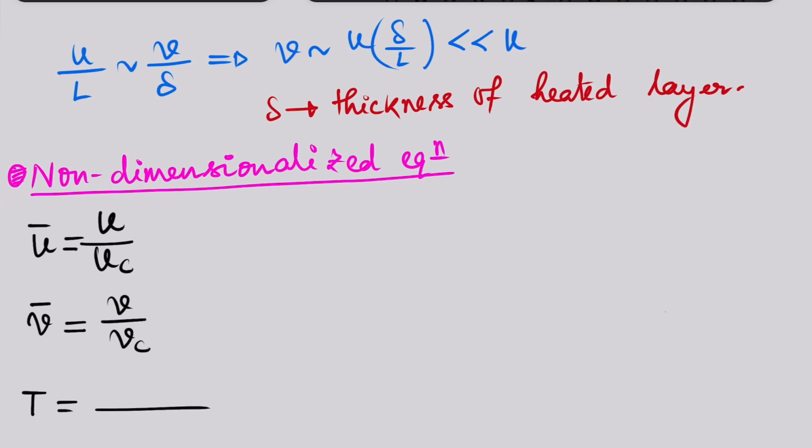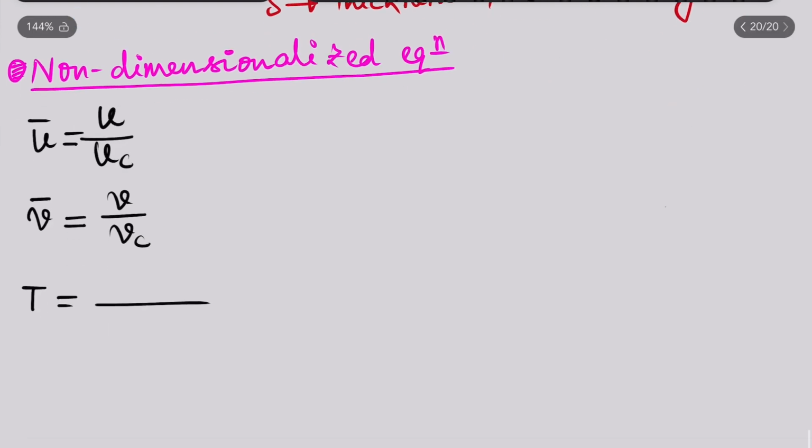By this, when we are non-dimensionalizing the equation, there will not be any kind of spurious surge of terms when we are solving the non-dimensionalized equation, because all the terms are of the same order of magnitude. If you are not understanding this, just wait and watch the video. I think you will understand.